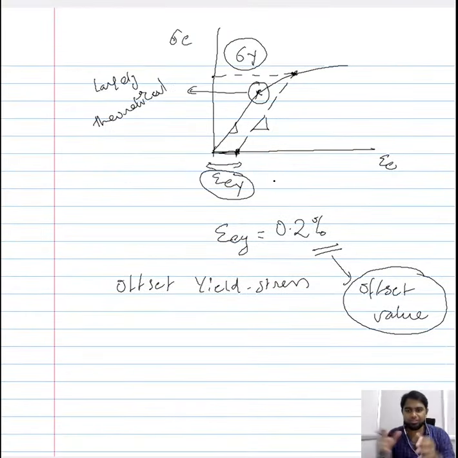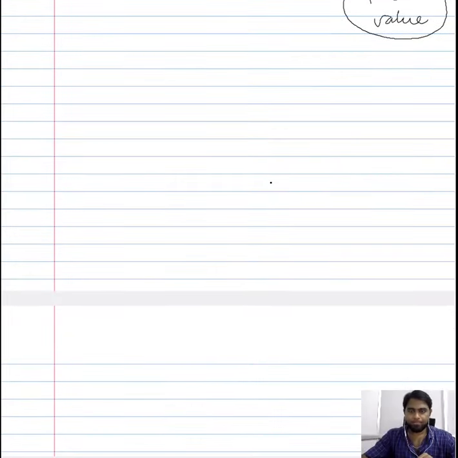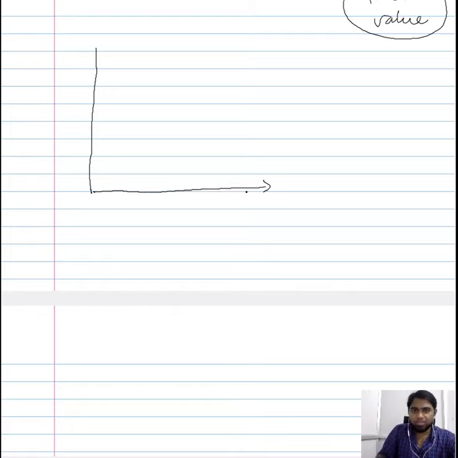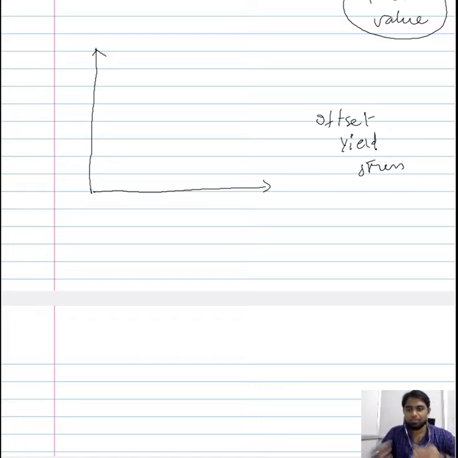let us consider a system wherein you have loaded the material beyond its yield stress. Now beyond the offset yield stress, you have loaded the material and you want to calculate the amount of permanent deformation the material has exhibited or that has occurred in the material without unloading it.